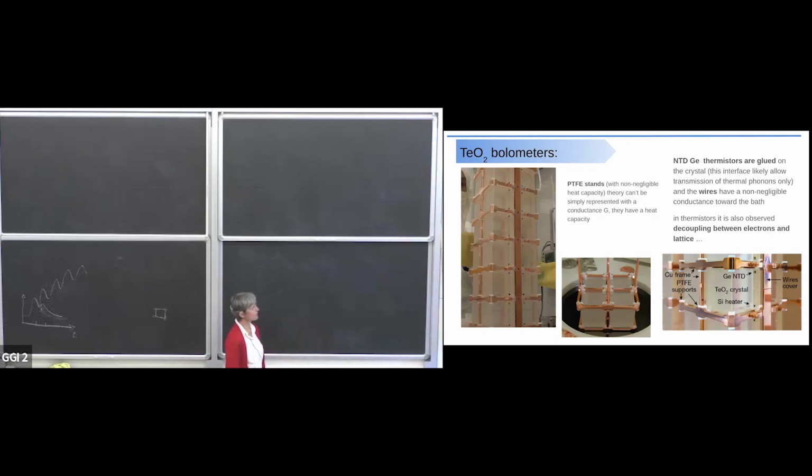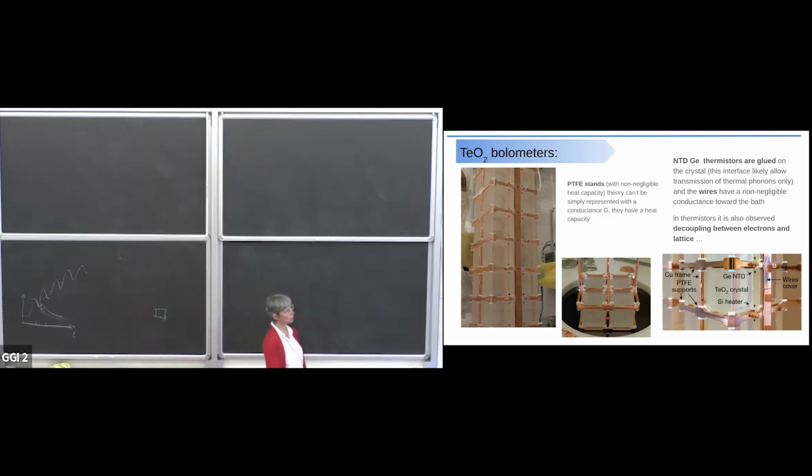So real bolometers look like this. These are arrays, and you can look here. You have the crystal, mounted inside the copper holder. The reason why we choose copper is that it has a very good thermal conductance, so the copper holder becomes our heat sink, our heat bath.